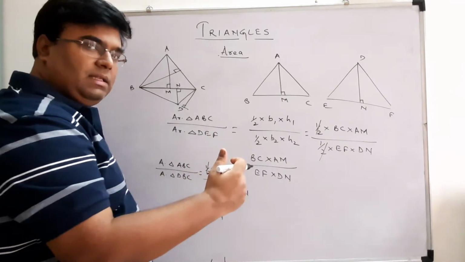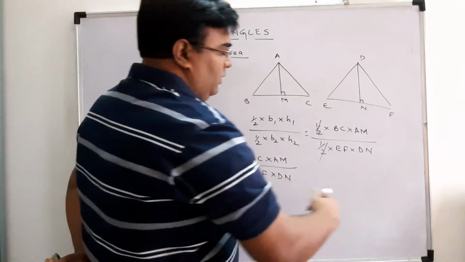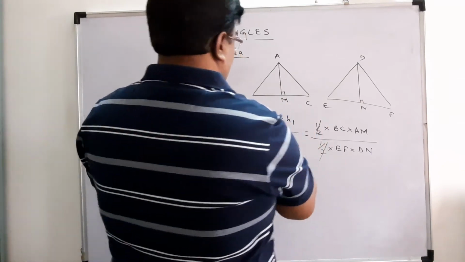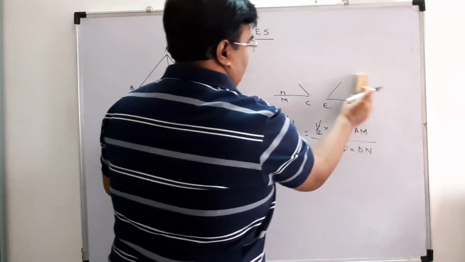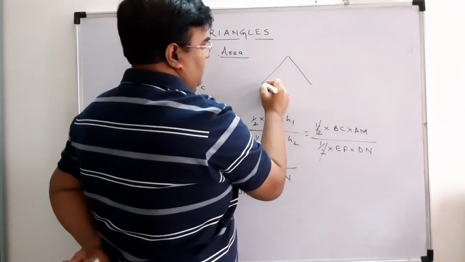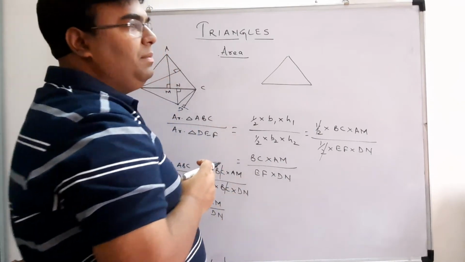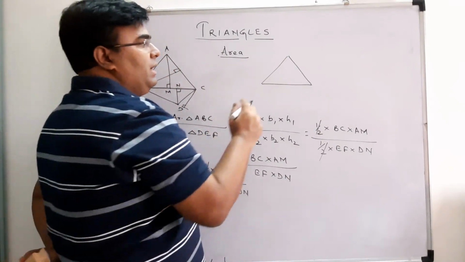Similarly, if the height is the same, the ratio will be what? The ratio of bases. So if in two triangles my height is the same, correct? How can height be the same? If the point is common.